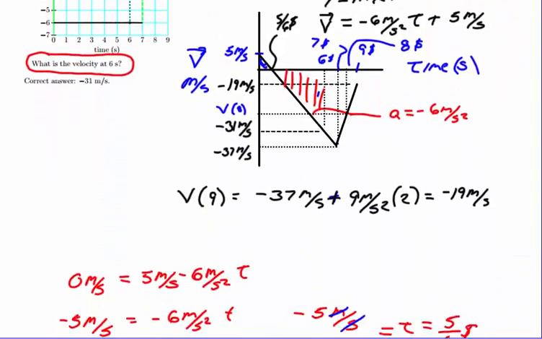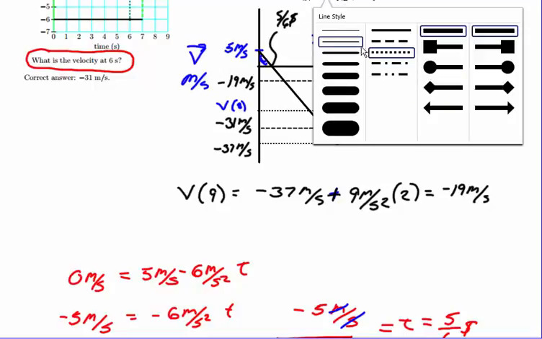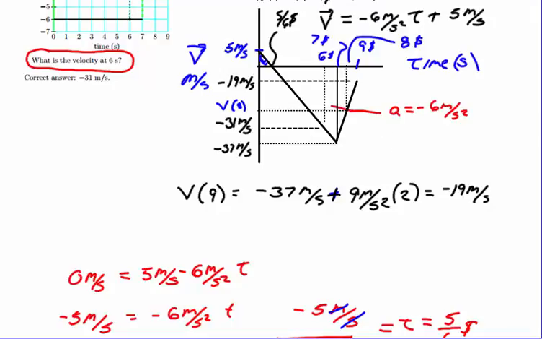Well, to do the position at 8, let's just go back and find out what all this area under the curve is. So this time I'm going to make this more solid. I want to find out what is all this velocity all the way down to here.